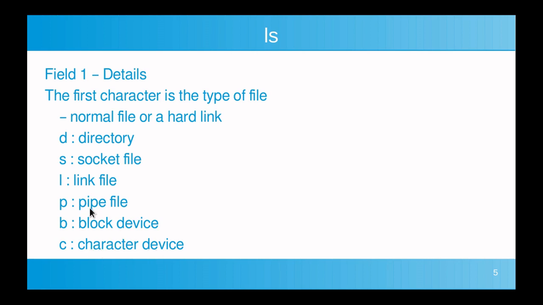We won't be explaining these four right now because that's a technical topic for a separate area on the details of the operating system. From the user point of view, the most common three types are: the normal file, which is a dash; D, which is a directory, also called a folder or subdirectory; and the link file, which is like a shortcut, a symbolic link, or a soft link.